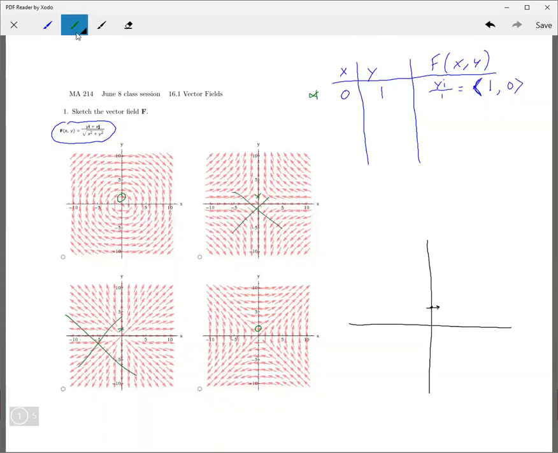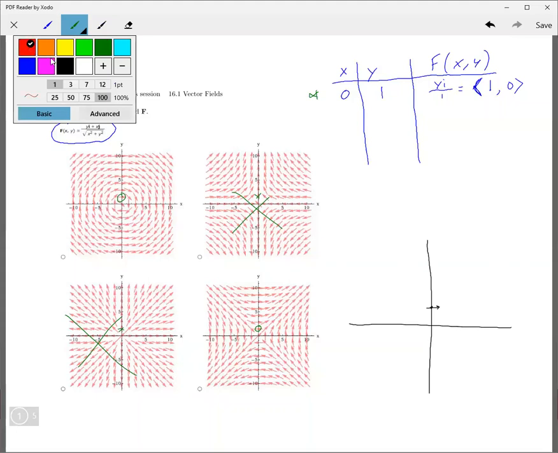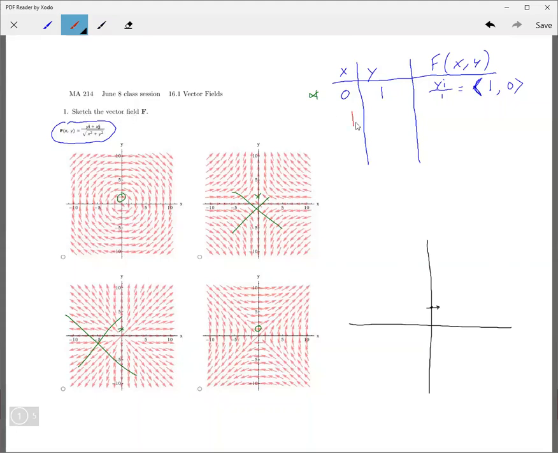Okay, so if we choose a different value, let's choose 1, 0, and see what happens there. So x is 1 and y is 0. If you plug it in here, you're going to get 1j over 1. So that's just going to be the vector 0, 1.